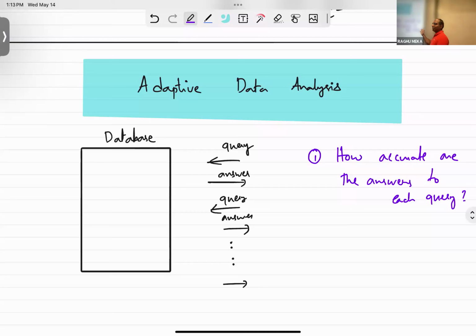And within some probability, like let's say 90% confidence, I want to say my answer is within some error margin. And the other question, which often gets ignored, and that's how many studies actually get flawed and then get retracted and so on, is how many questions you ask.